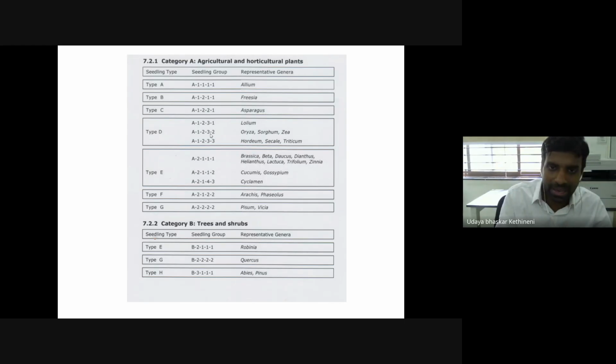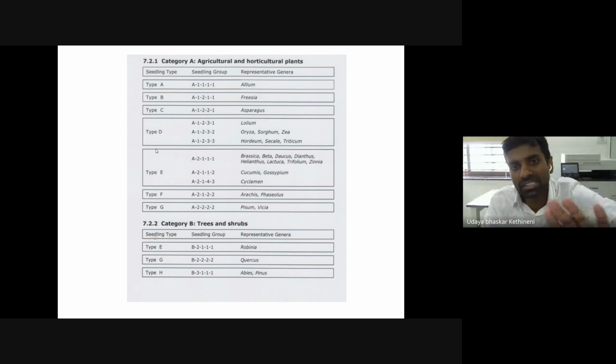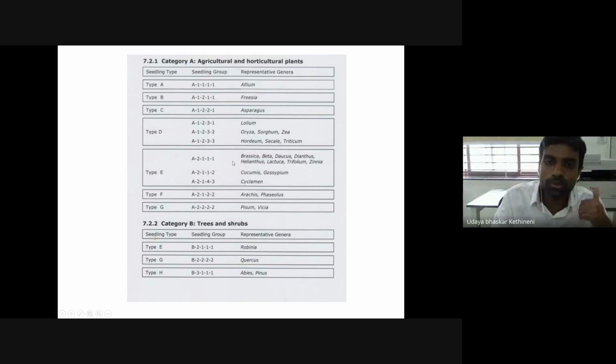Here A is for agriculture and horticulture species, and each number designates a particular thing. First you should understand that, and only then can you categorize whether it is a normal or an abnormal seedling. That itself is a science in germination evaluation.